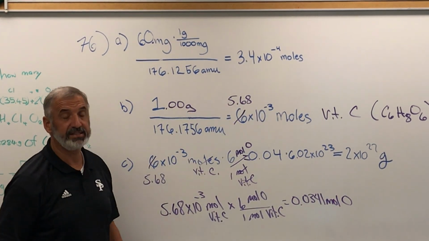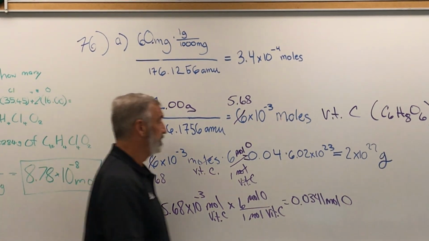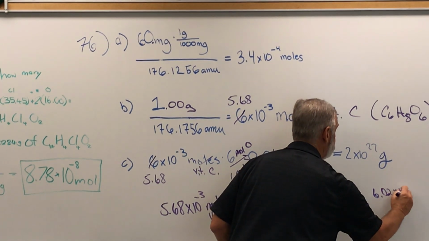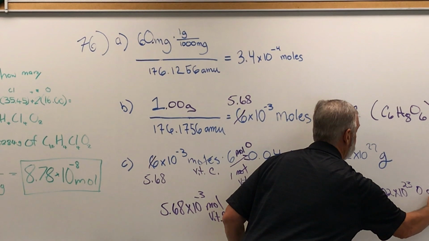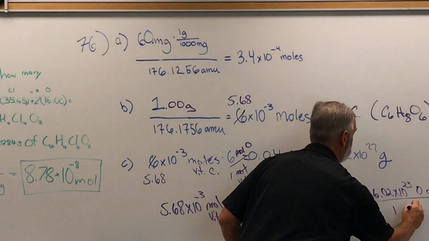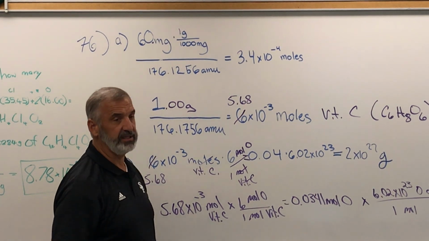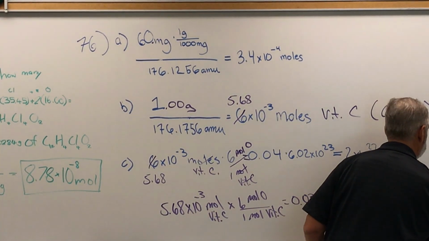And now to convert that to actual atoms, times the 6.02 times 10 to the 23rd oxygen atoms for every 1 mole. And that's going to turn out, to 3 sig figs again, to be 2.15 times 10 to the 22nd.